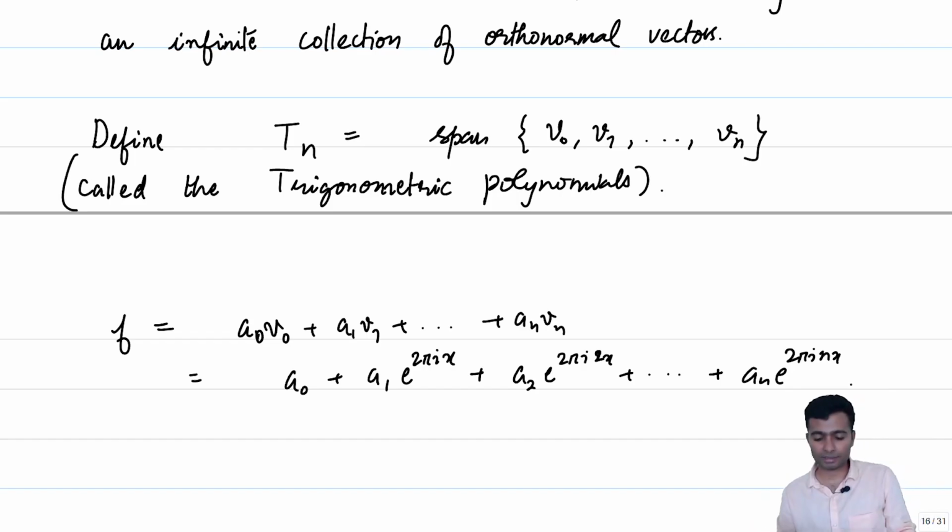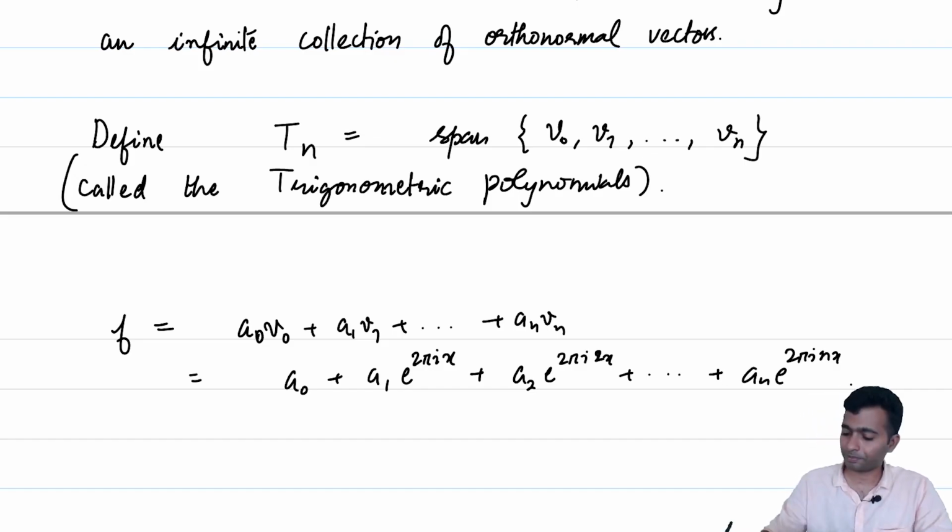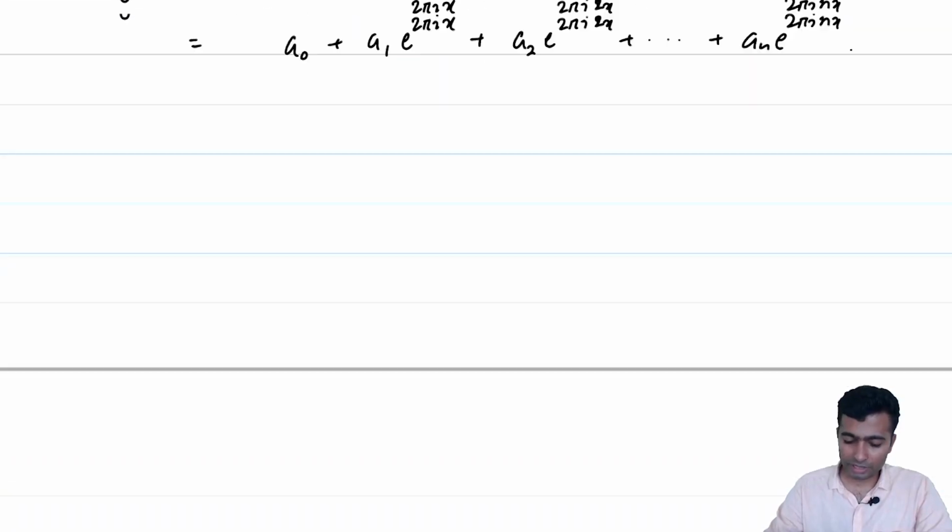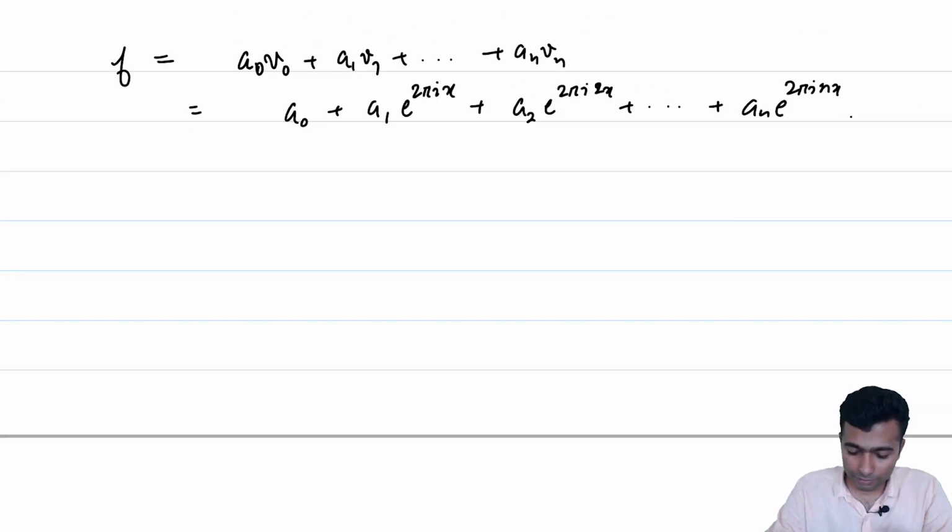So this is something like a polynomial, right? Like a0 plus a1 times say t plus a2 times t squared and so on. So that is why it's called trigonometric polynomials.